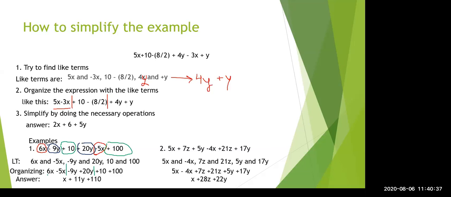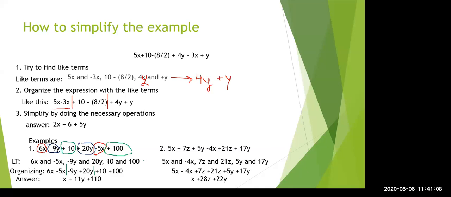So this is the two x's. 6x minus 5x equals x. And then negative 9y plus 20y equals 11y. And then 10 plus 100 equals 110. So does that part make sense? Okay, I'll move on because I don't think I heard any no's or questions.